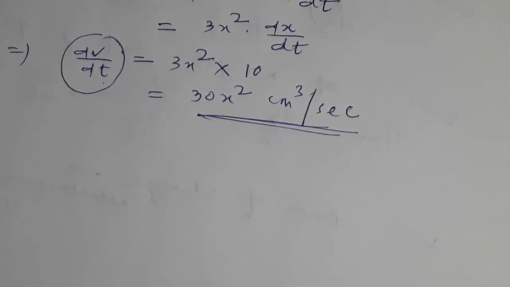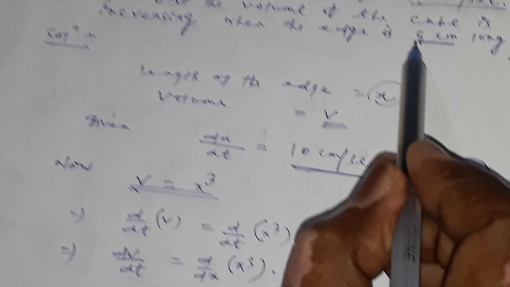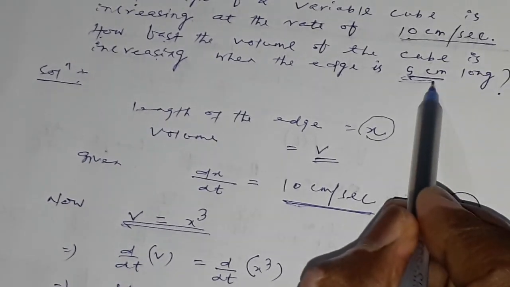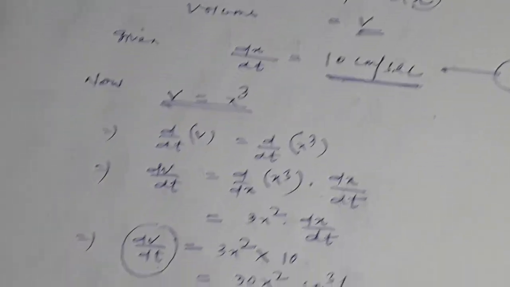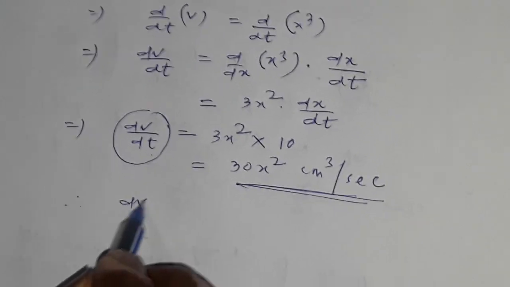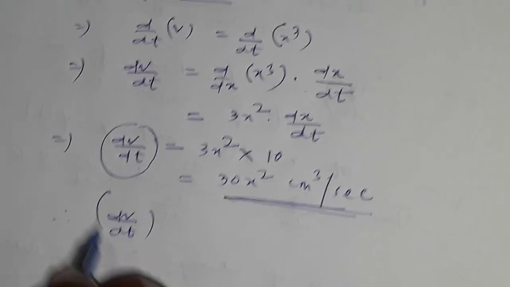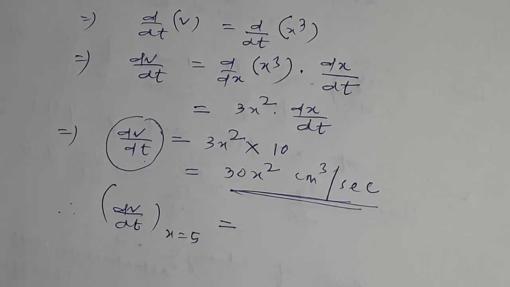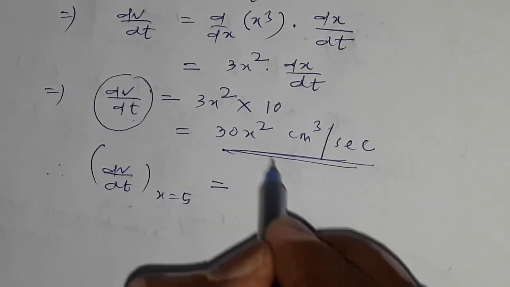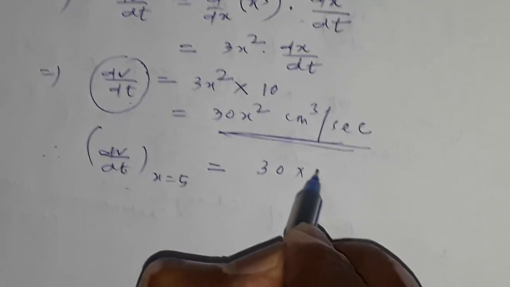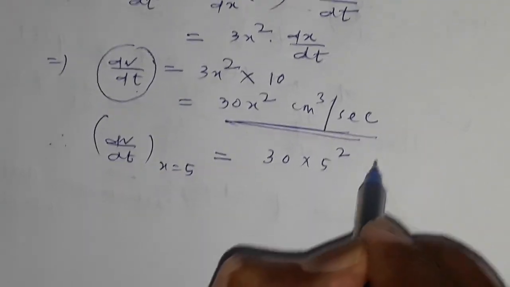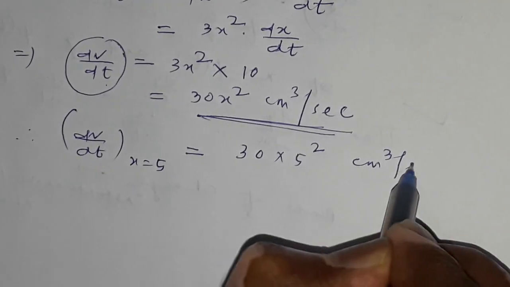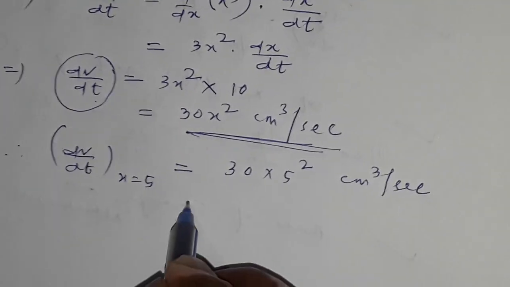When the length of the edge is 5 cm long, therefore dv by dt at x equals 5 is equal to 30 into 5 square cubic centimeter per second.